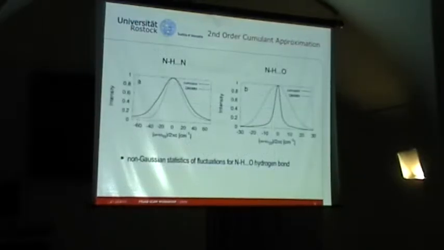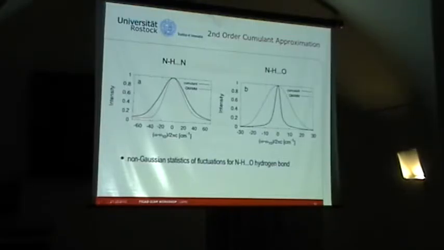All right, cumulant expansion. What we did here is compare the full simulation, which is this dashed line, with the result you obtain from the cumulant expansion. And you see for the NHN case, there's not much difference here. But for the NHO case, the results are clearly markedly different, which first of all means that you have some sort of non-Gaussian statistics for these fluctuations.